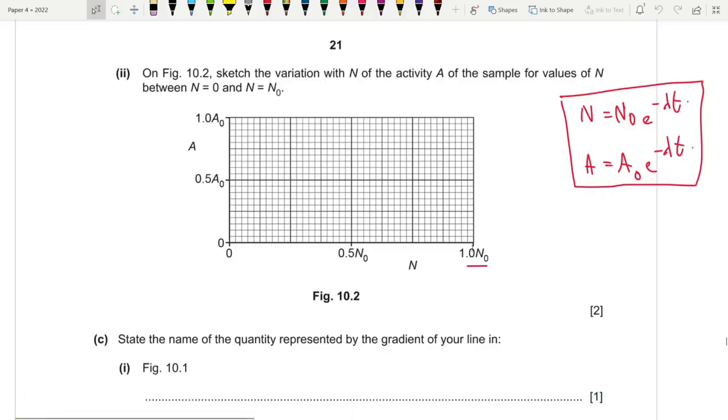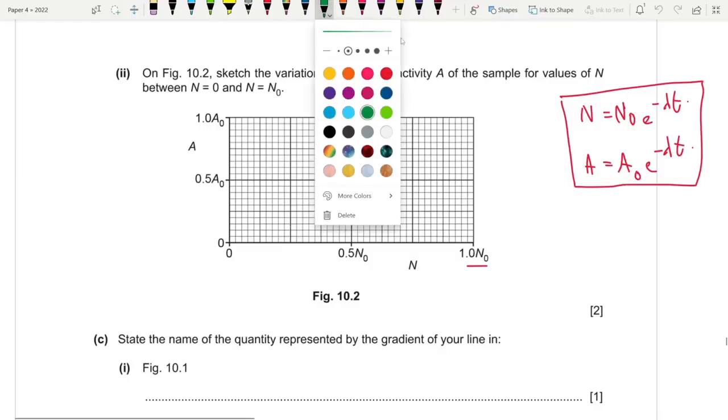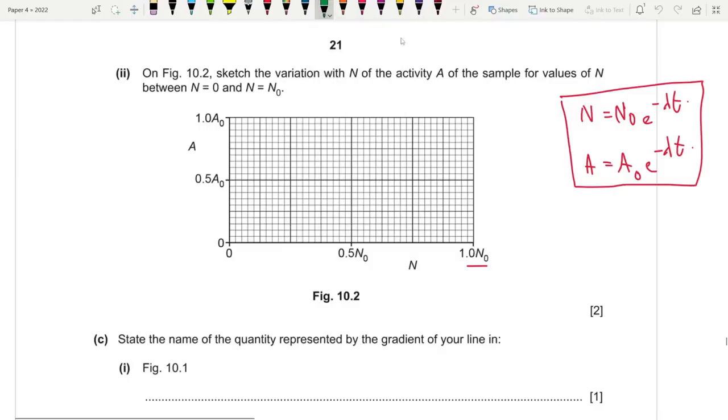All right, so the relationship between A and N is basically A is equal to lambda N, right? That's the relationship between activity and the number of unstable nuclei or radioactive nuclei. So obviously, for the initial number of unstable nuclei, we are going to get the initial activity, okay?